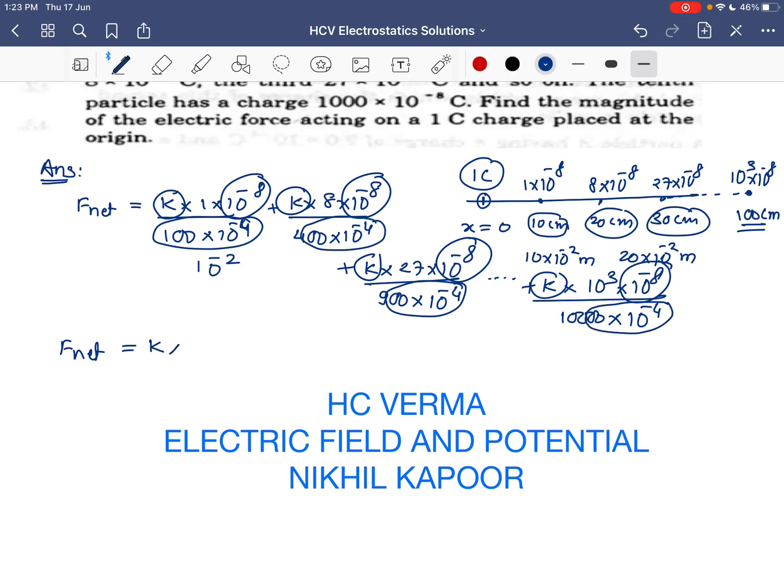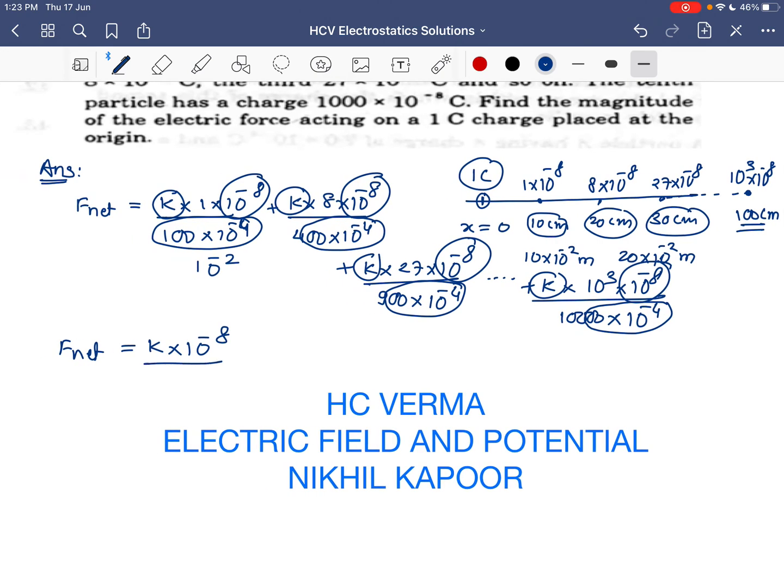If I take k, 10 raised to minus 8, and 10 raised to minus 2 as common, what remains is 1 plus 8 upon 4 plus 27 upon 9 and so on, plus 10 raised to 3 upon 100.